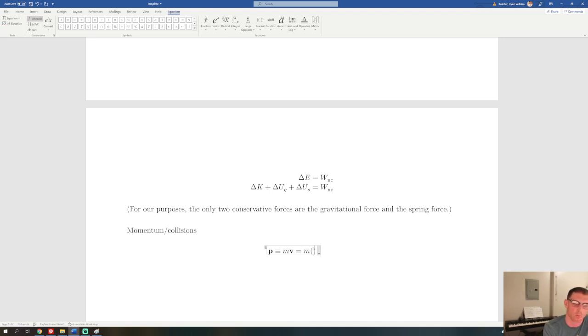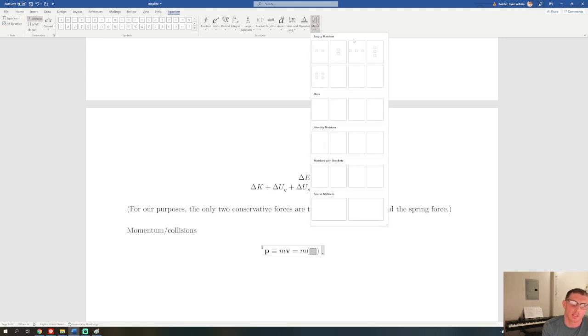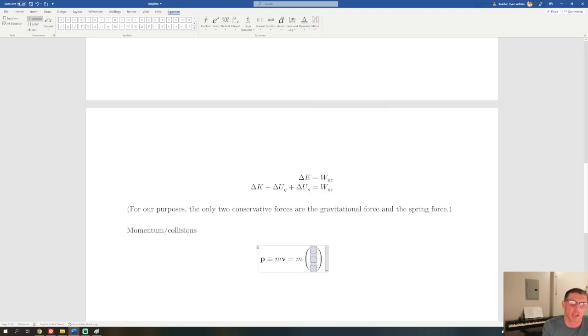So we want to realize that energy is a scalar and momentum is a vector. One way we could write this is the mass out in front of a velocity vector. If we're talking about 3 dimensions, your vector would have 3 components, but we won't really do anything with 3 dimensions. But this is what momentum is, okay?